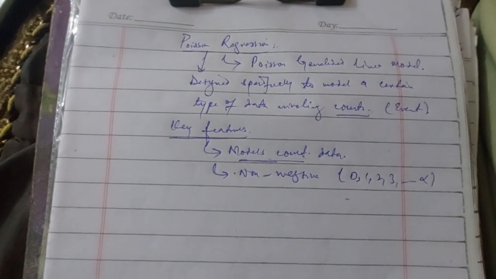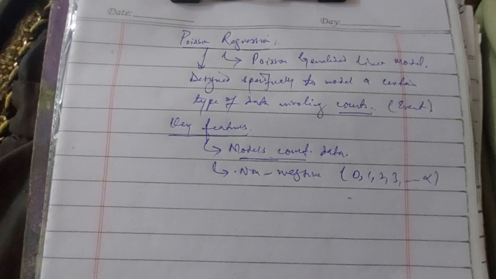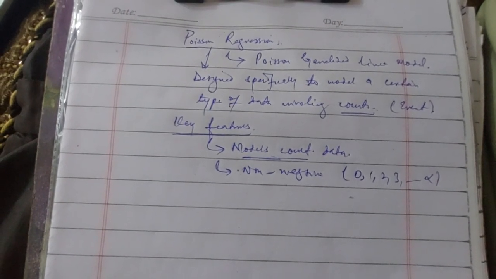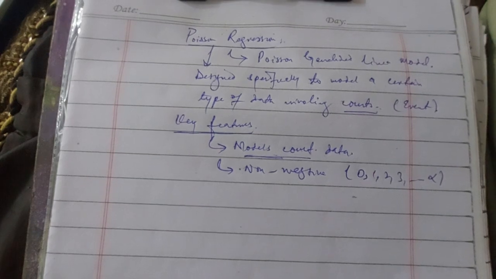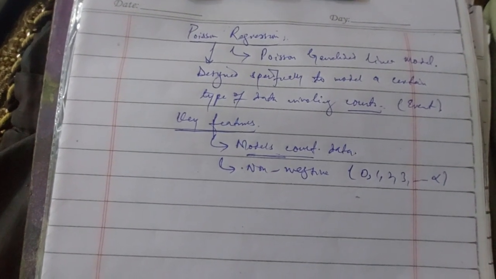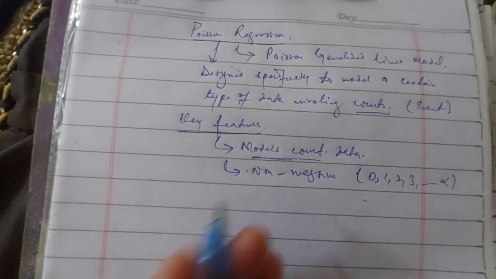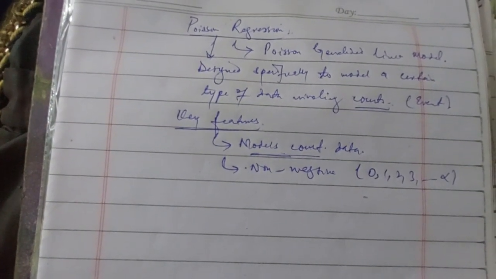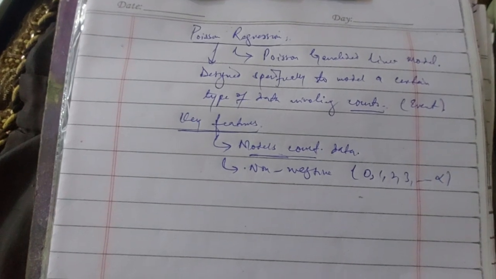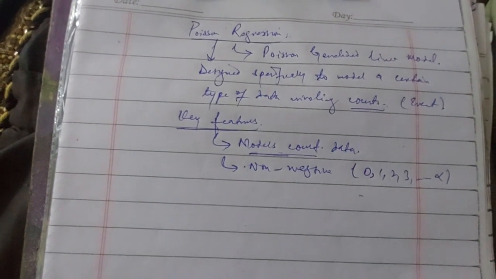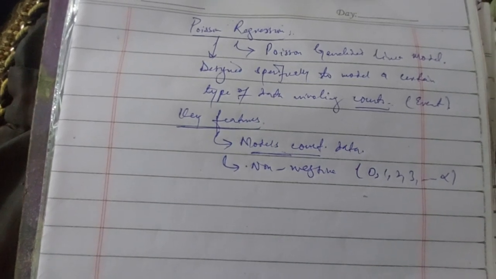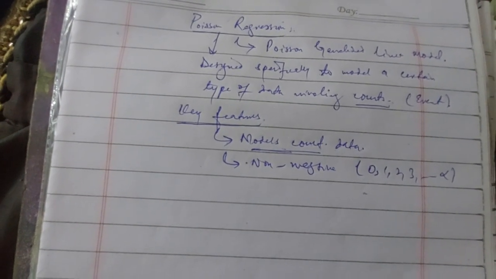For example, the number of students buying a uniform. These students can be 0, 1, 2, 3 up to 100, for example, but it cannot be negative. So the number of events cannot be negative, these are non-negative integers.